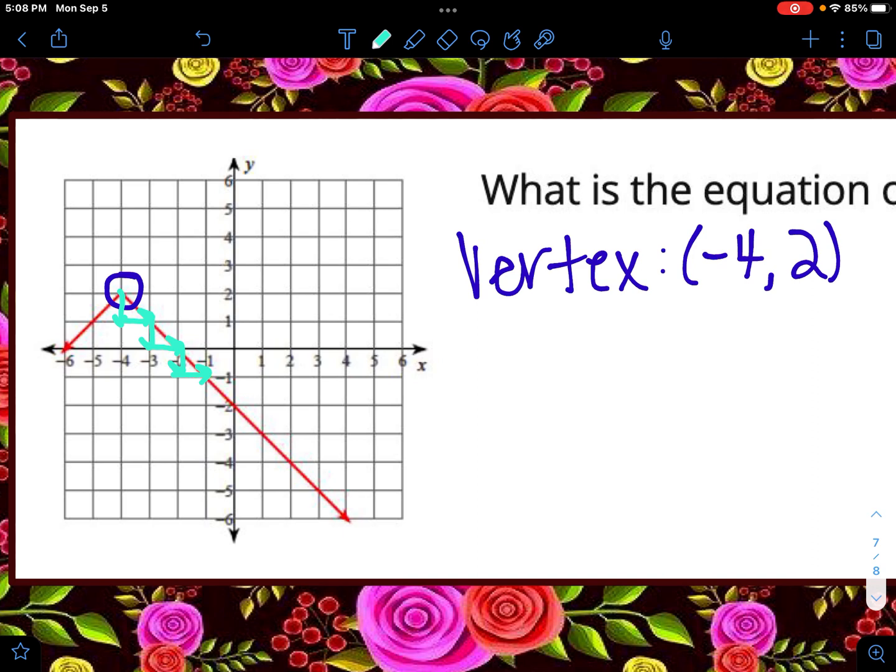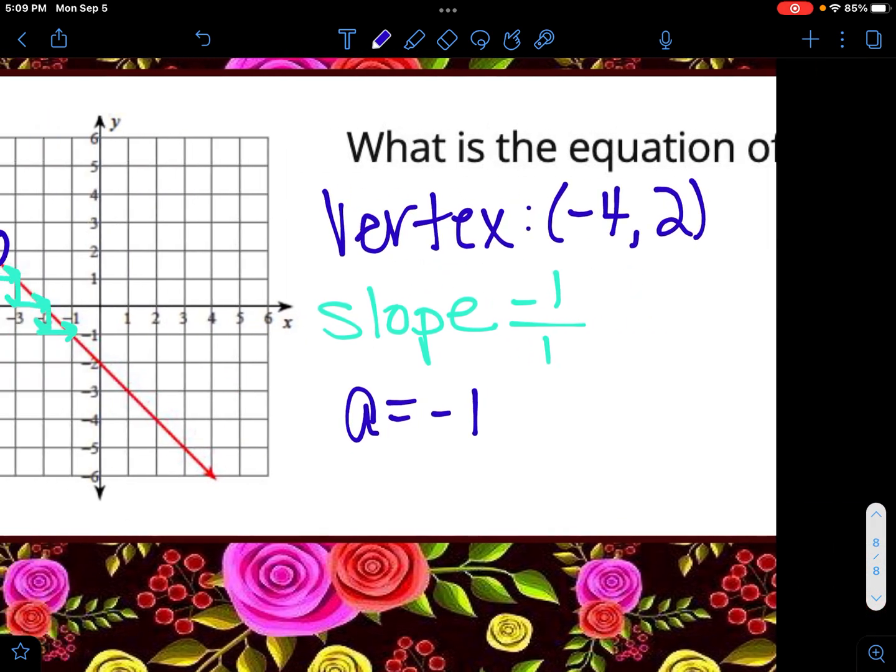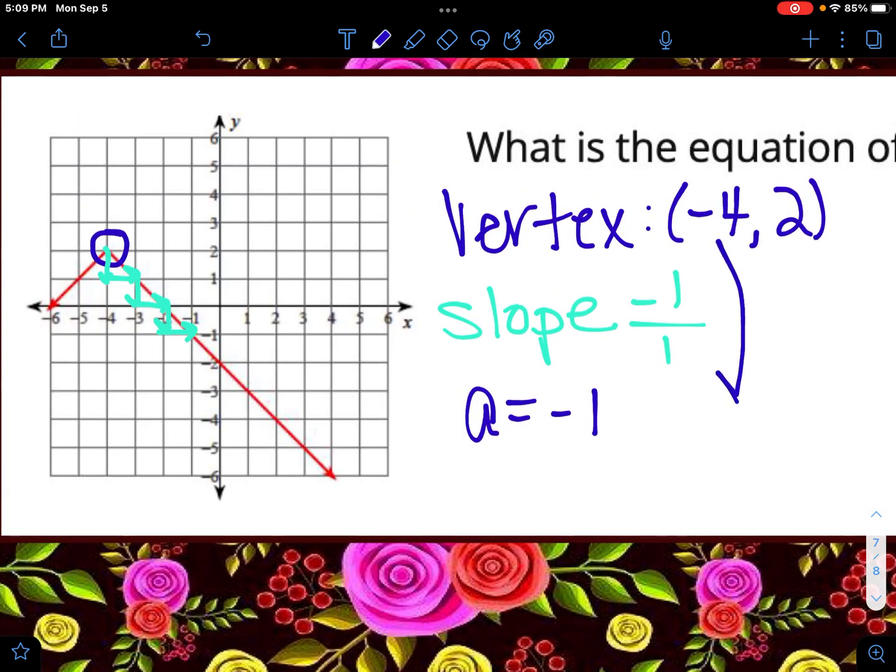Okay, and that makes sense because my a is negative because my graph is opening down. So my a is going to be -1.